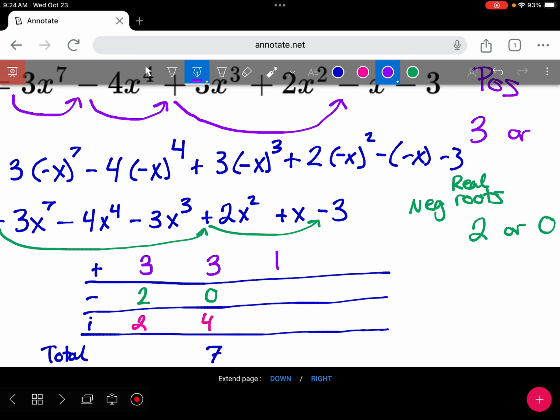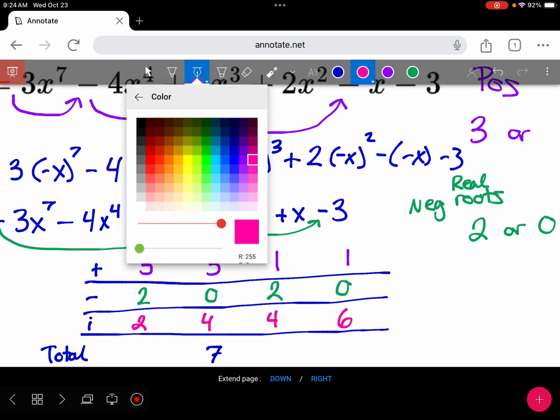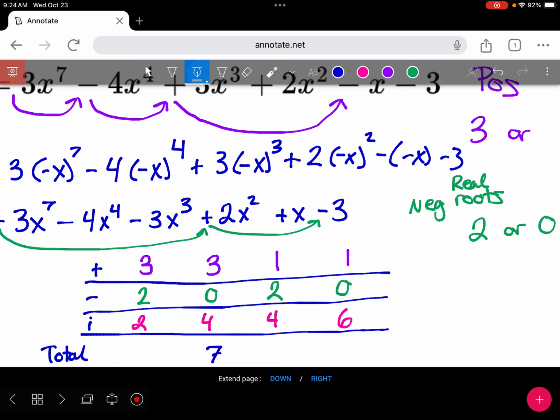If I have 1 positive root and 2 negative roots, how many imaginary roots am I going to need? 4. And then our last one here, if I have 1 positive root and no negative roots, how many imaginary roots are we going to have? 6. So I could have any of these combinations. These are different setups we could have.